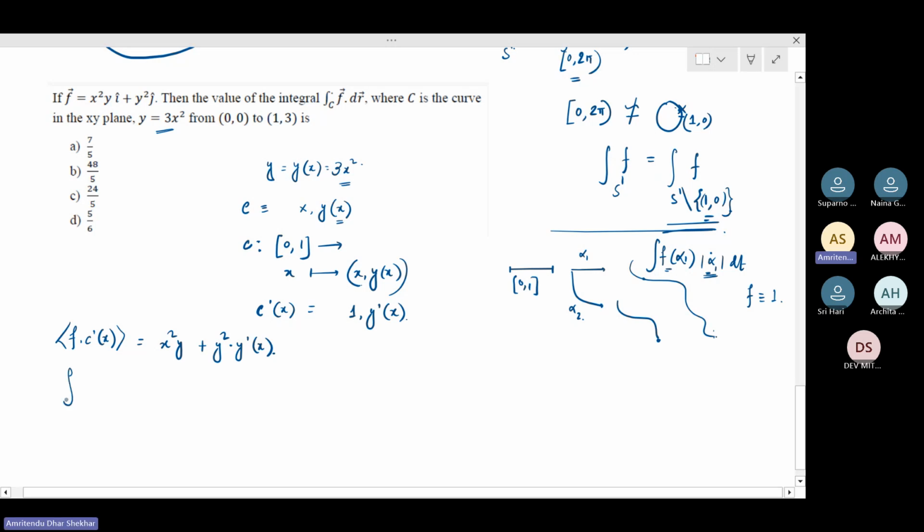Okay. And now you can simply integrate this over (0, 1). So the integral of f over this curve C is equal to the integral over (0, 1) of x squared y of x plus y squared y dash of x dx. And you can complete the integral, it's routine.